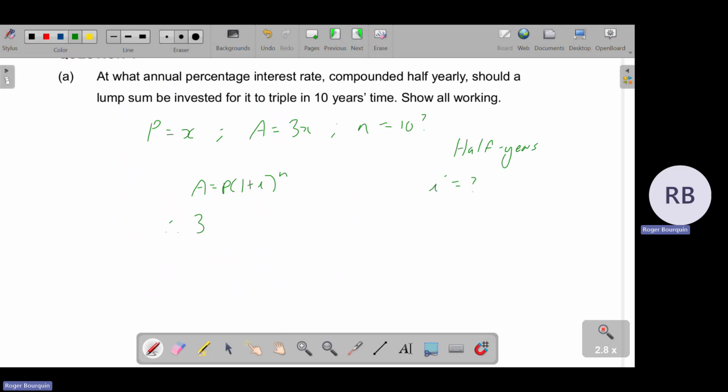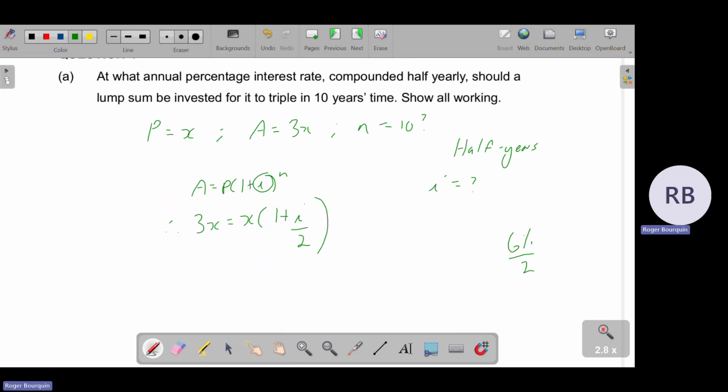The initial amount is x. But now it's in half years, right? If it was 6% per annum compound half yearly, you'd write 6% over 2, right? So it's going to be the interest rate over 2, because it's half years.